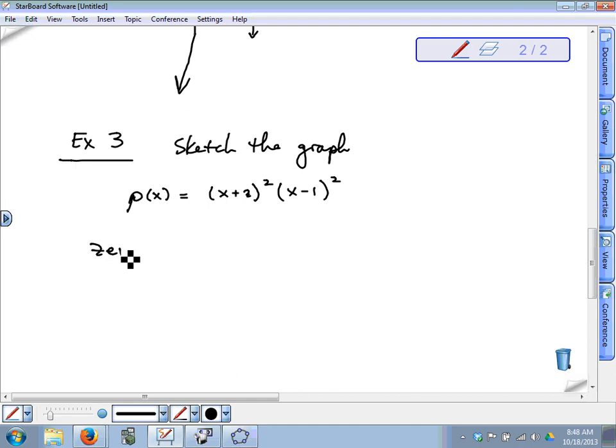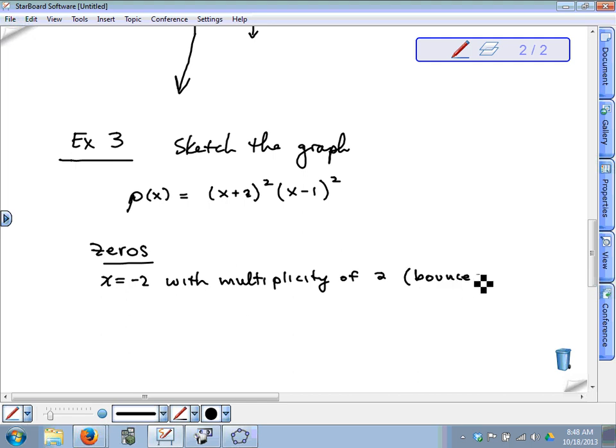So we go right into stating the zeros and their multiplicity, which are x equals negative 2 with a multiplicity of 2.